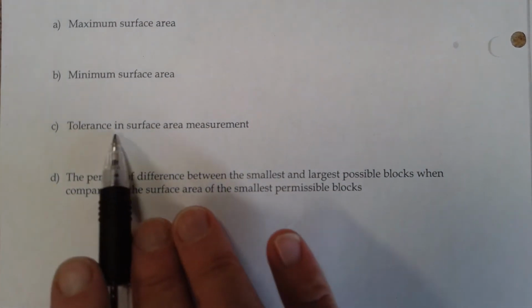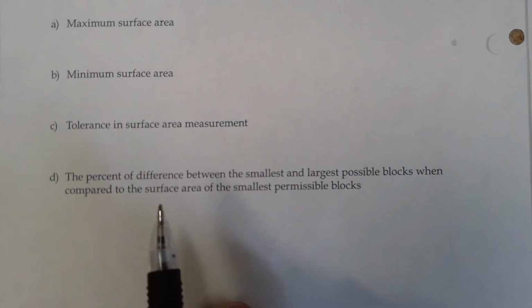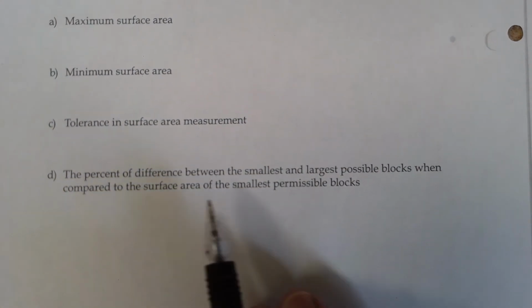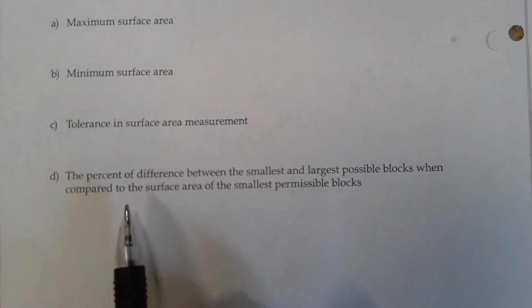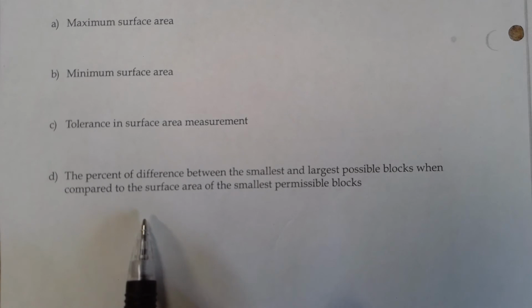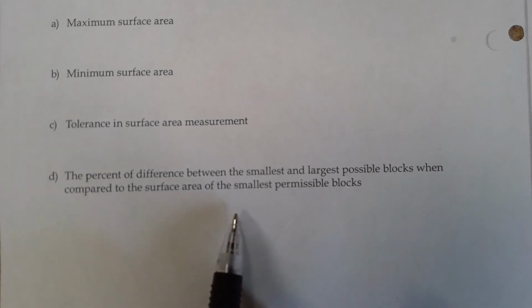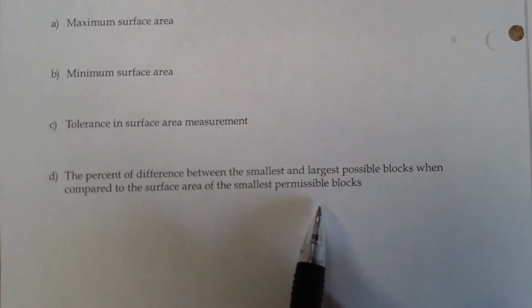The tolerance is, of course, the difference between the two. Percent of difference between the smallest and largest possible blocks, so the smallest and largest possible blocks, that's your tolerance, divide by the surface area of the smallest blocks, so that's the minimum.